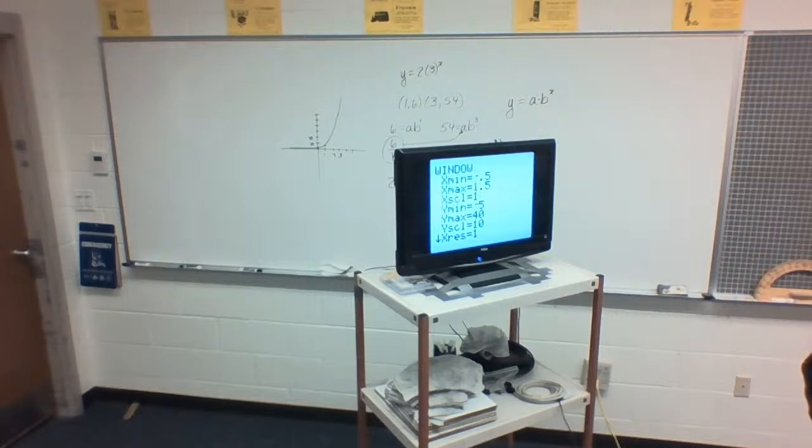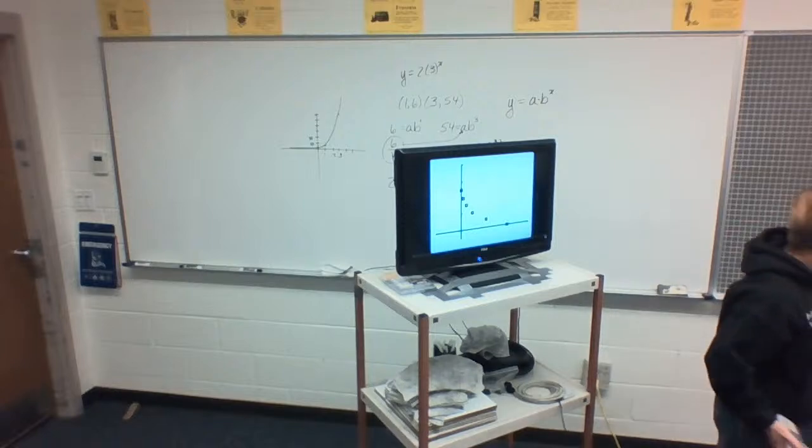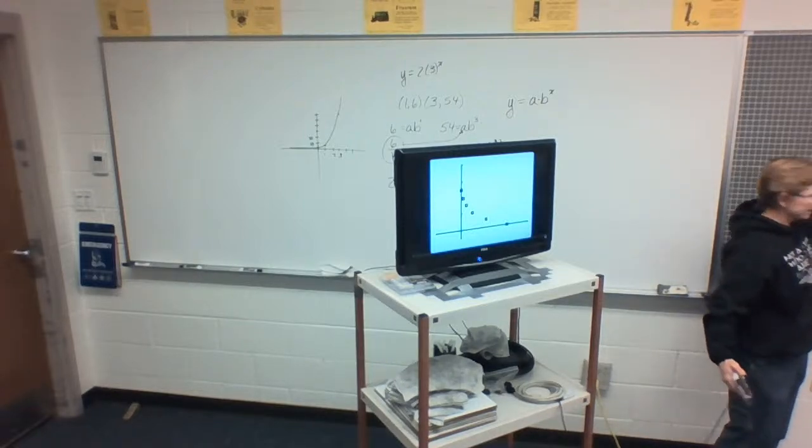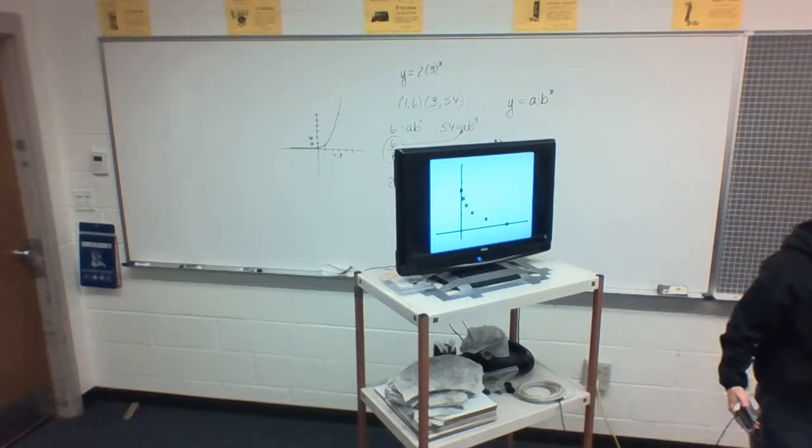And then, after we built the window, we're going to do what? Not yet. Go to y equals and clear out anything that doesn't have to do with this. This was about the trampolines, so I'm going to get rid of that. So I'm looking at only my plot. That doesn't look like a logarithm. Yes, it does. It looks like a logarithm that's been reflected twice. It's still a logarithm.